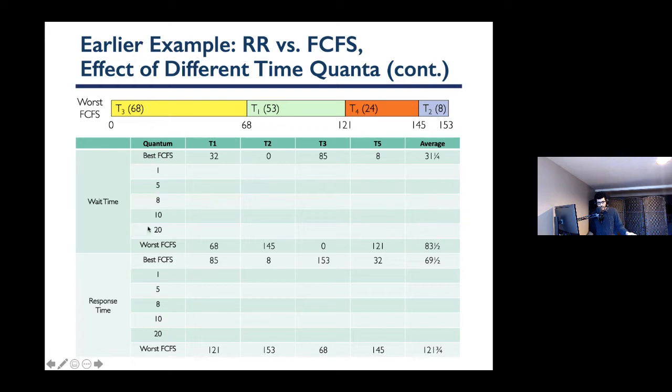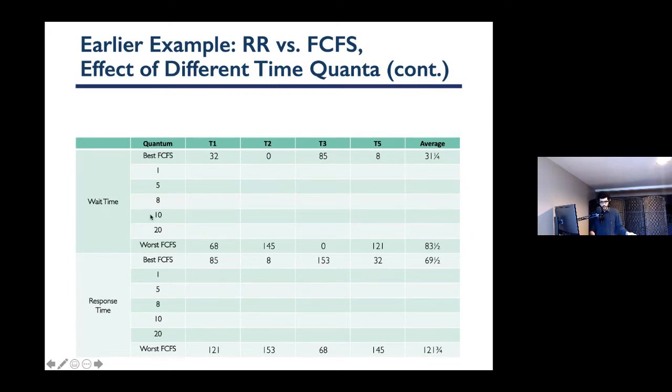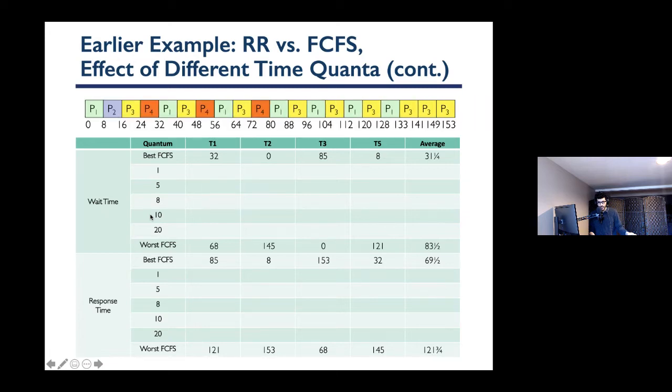Now we're going to populate this table with different time quanta for round robin. Now let's look at this case where the length of time quantum is 8. Basically, the shortest task was 8, right? This T2 guy was 8.